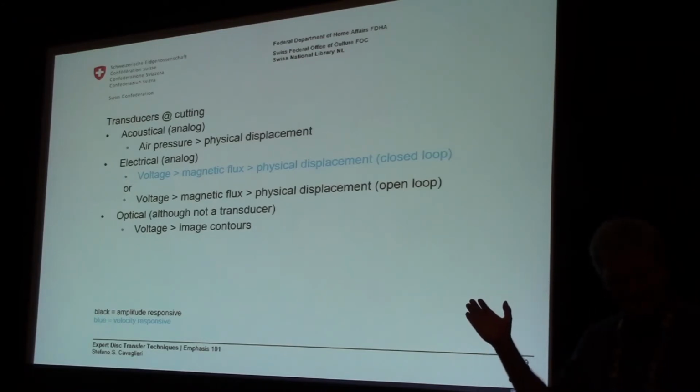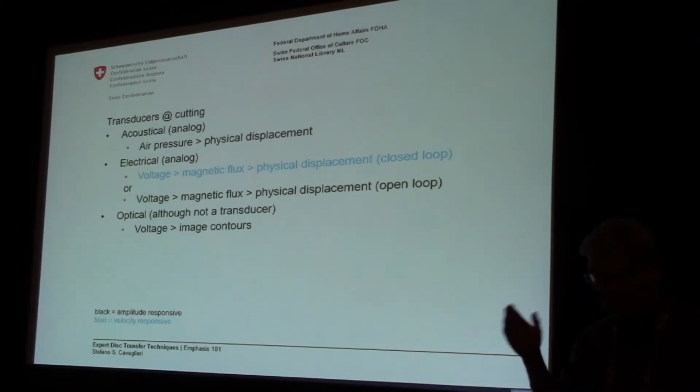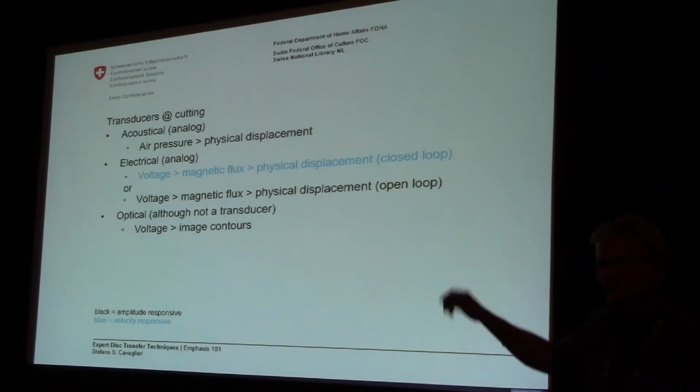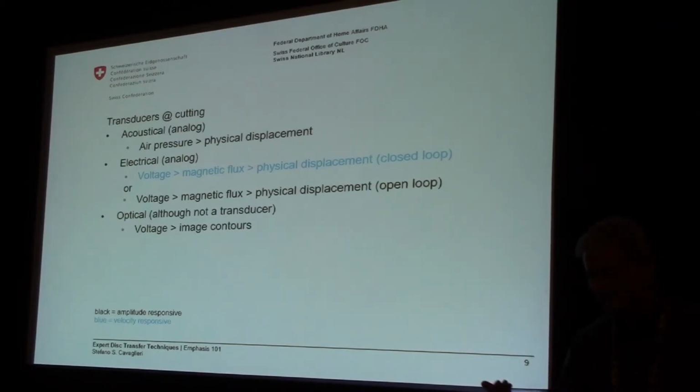Those in black are basically amplitude responsive, and the one in blue is velocity responsive. It seems strange, because if we take electrical cuttings from the very beginning till today, we are 99% of the time talking about the blue configuration, velocity responsive transducers at cutting. This is what a very conventional lathe does.